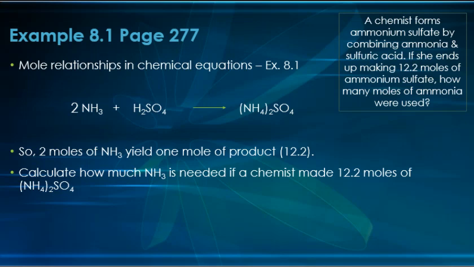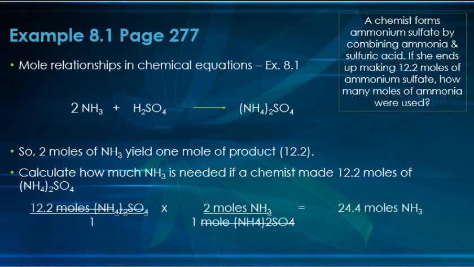All right, so let's see what we know. We know that we have 12.2 moles of ammonium sulfate, that's our product. How many moles do I need of ammonia to make that? Okay, so I'm going to calculate that by taking my 12.2, take the thing I know and put it over 1. Yeah, if we can start there, right? I'm going to put that over 1 right there, and then I'm going to relate it. So it takes 2 moles to make 1 mole of that.